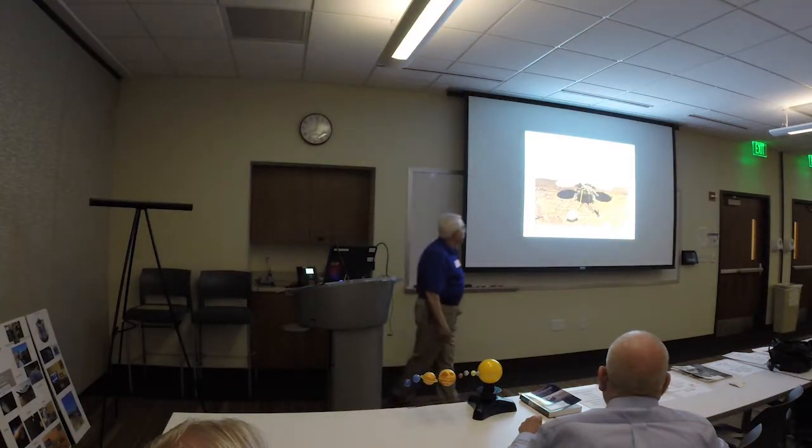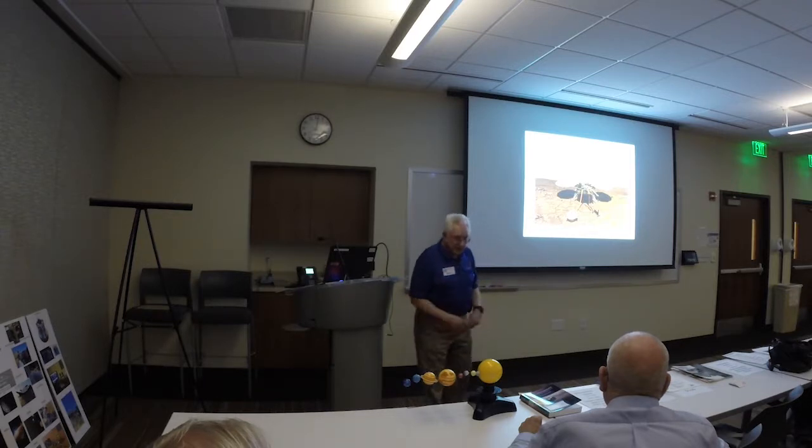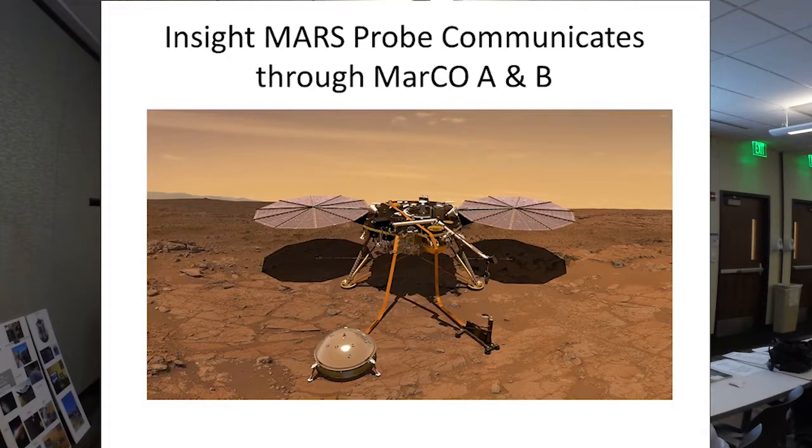Now we're moving to Mars. This is our InSight lander, and you'll see that it talks through Marco A and Marco B. This is the device they put up there to determine if Mars had tectonic plates similar to what the Earth has. And the drill got stuck.